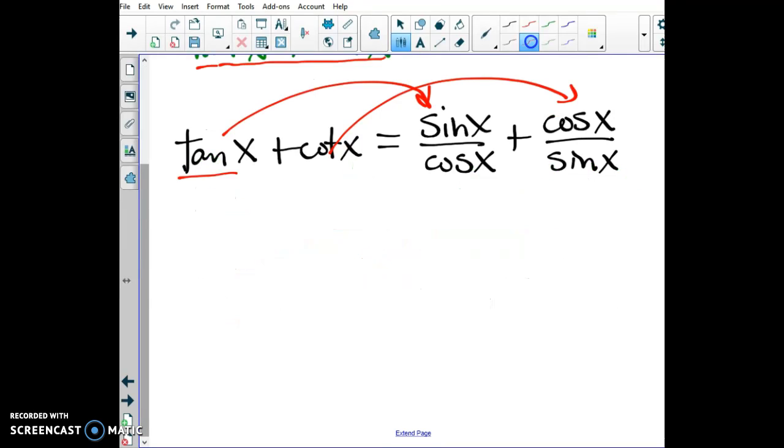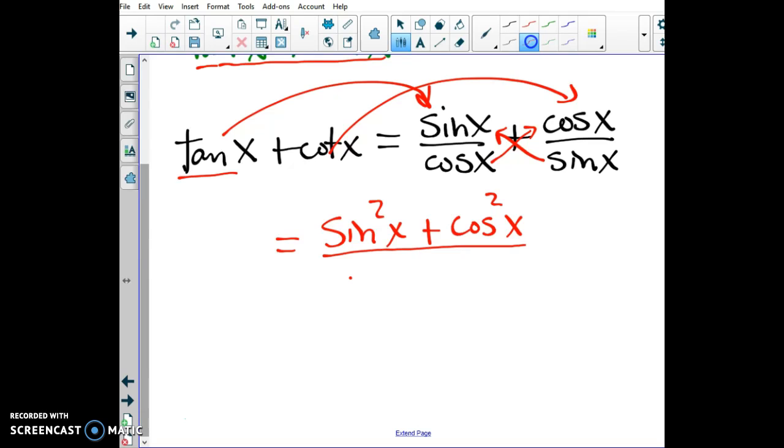And we're going to take those and now add fractions. So I'm going to multiply each by the opposite denominator so that we can rewrite them with one denominator. So sine squared x plus cosine squared x, and that's all over our brand new denominator, that which we got by multiplying and combining the fractions, cosine x sine x.